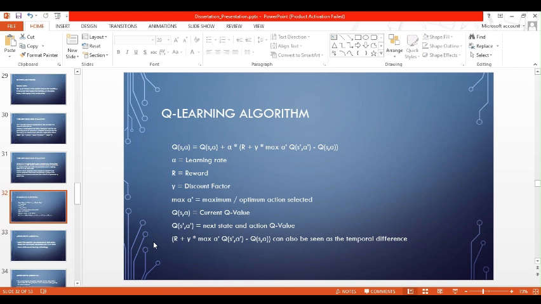Then in our Q-learning algorithm, we have the temporal difference and the Q-learning Q-values update.